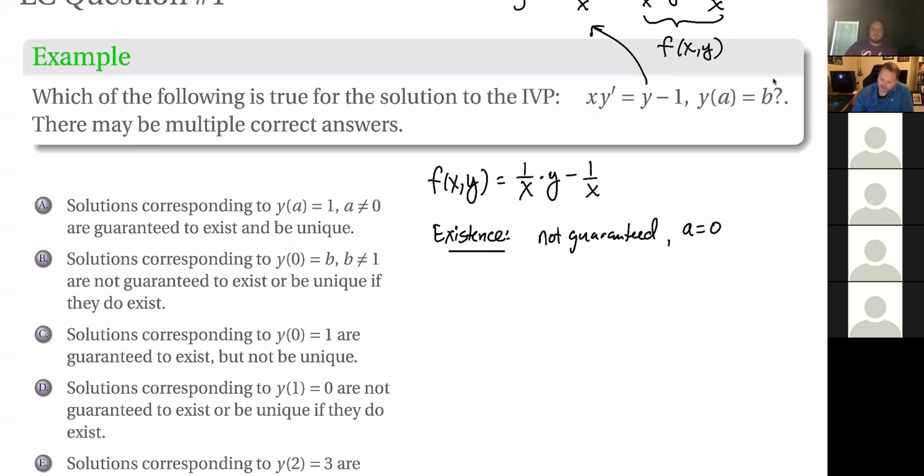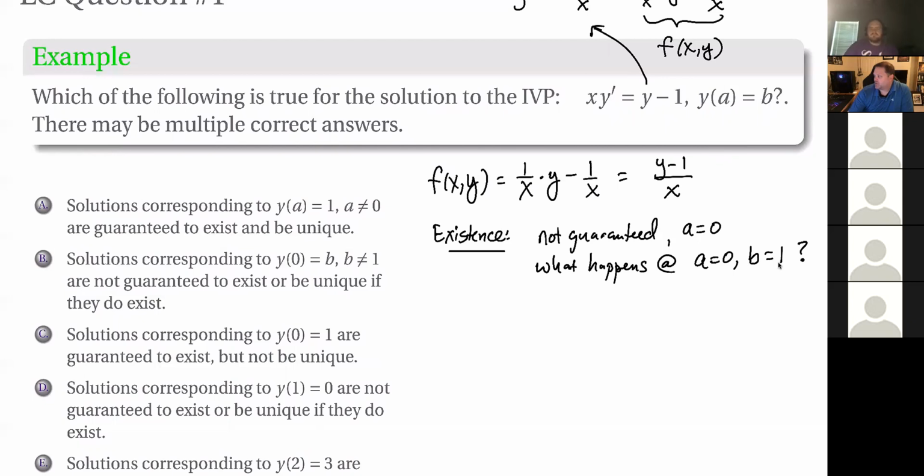What's really interesting here is what if we're at a equal to 0, but y is equal to 1? So a equal to 0, b equal to 1. That's more interesting, because if a is 0, that means my x value is 0.